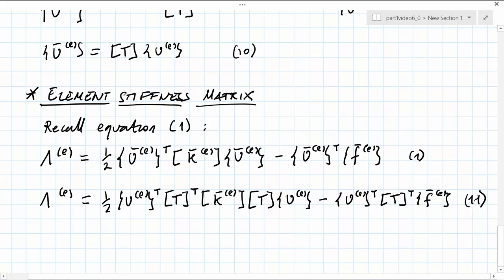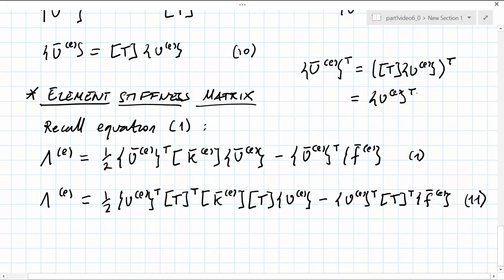Just remember that the transpose of a matrix product causes that multiplication to reverse. So for example, U bar E transpose is equal to T times by UE, all transposed, which is then equal to UE transpose T transpose.